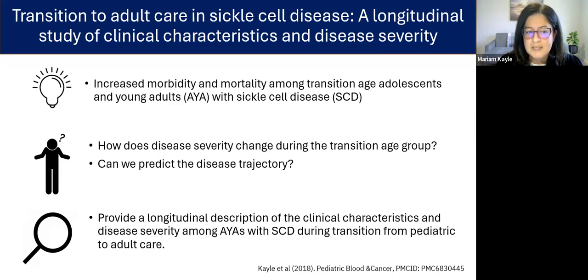And then can we predict from early adolescence where that patient is going to land on what trajectory, and what factors might be contributing to their increased severity or not? So that was the purpose of this analysis.